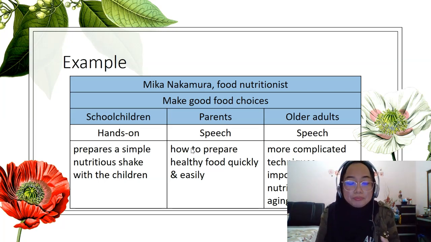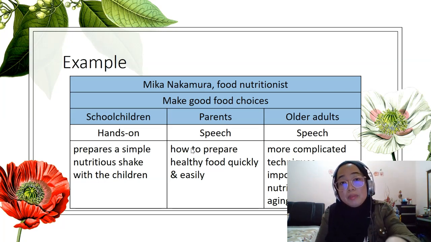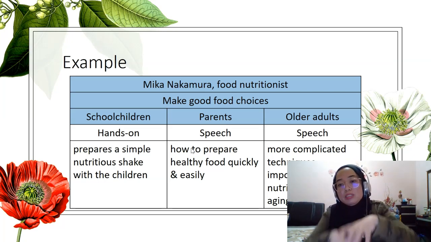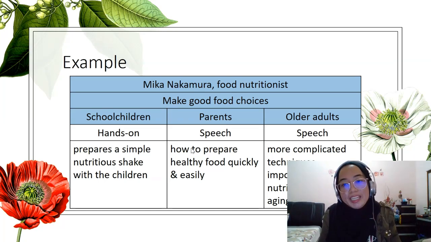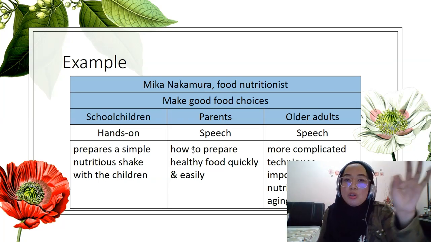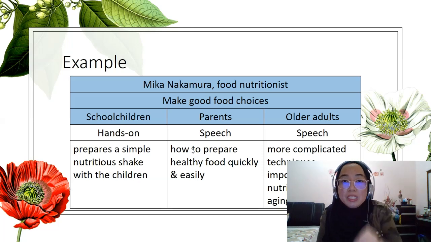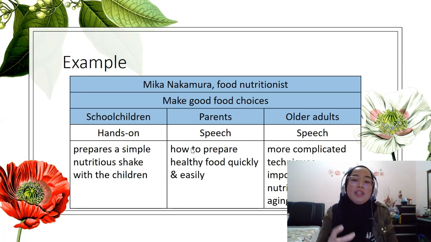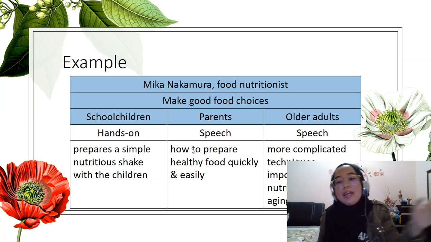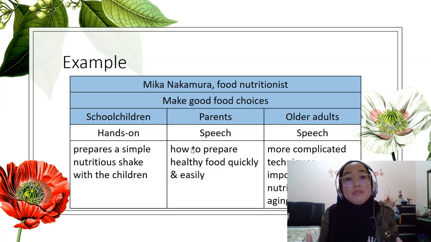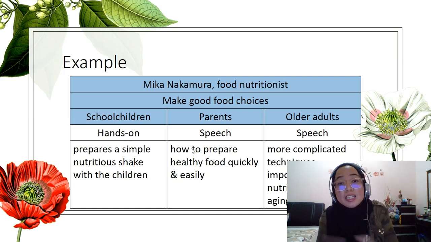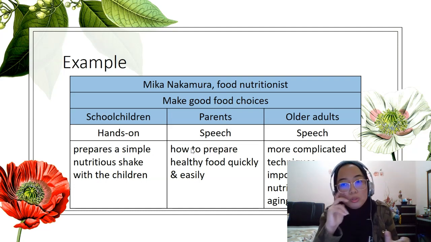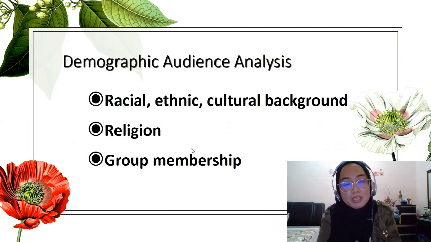Having said that, these adults probably would have basic knowledge about some cooking techniques, and she can also tailor her speech towards healthy aging food. That's a tip for catering to older adults.